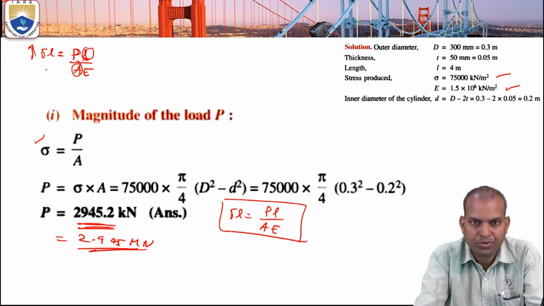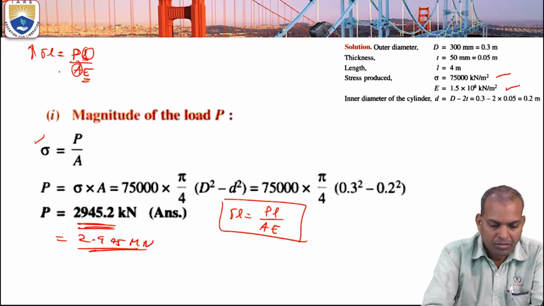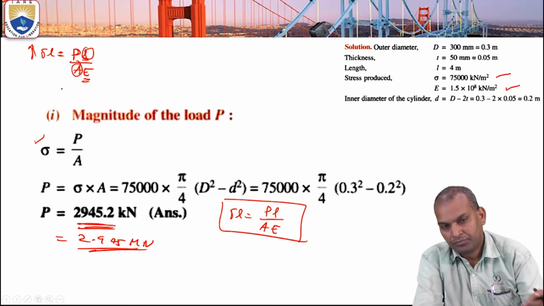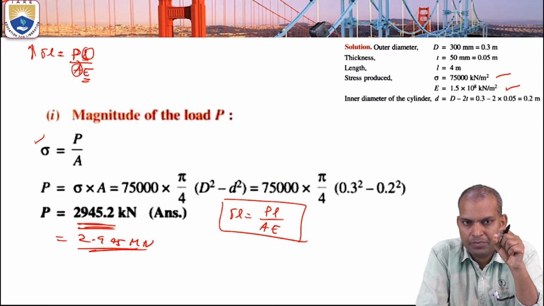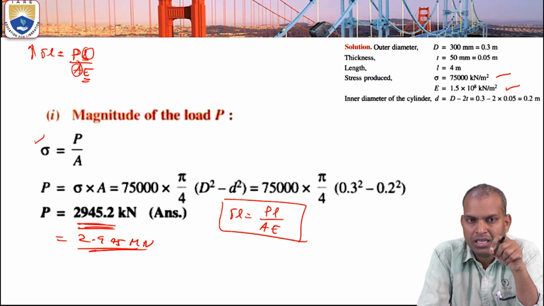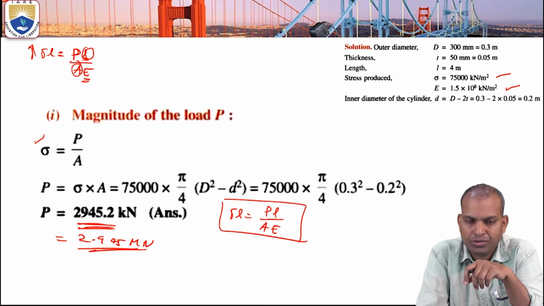It is inversely proportional. If the E value is more, delta L becomes a low value; with a low E value, delta L becomes a high value. So here delta L is dependent on the P, L, A and E values.